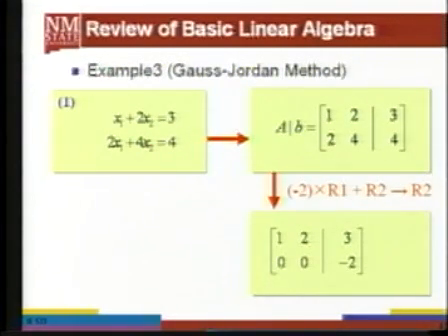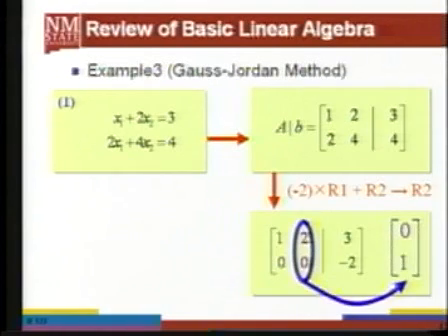And the result of this type 2 elementary row operation is like this. Now, we would like to transform the second column of this matrix into 0, 1. Is that right? But this is impossible. This system is equivalent to the following system of equations.